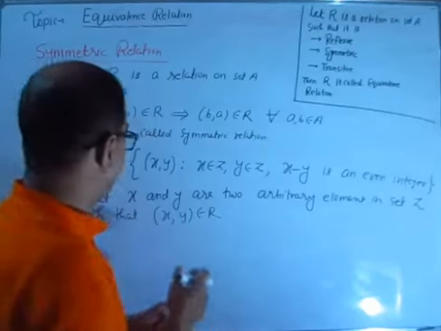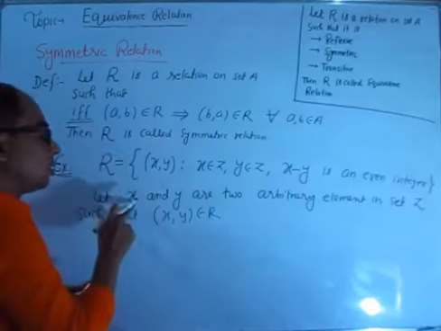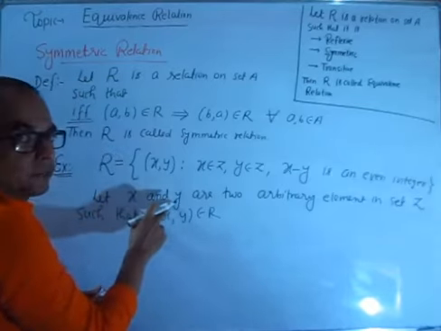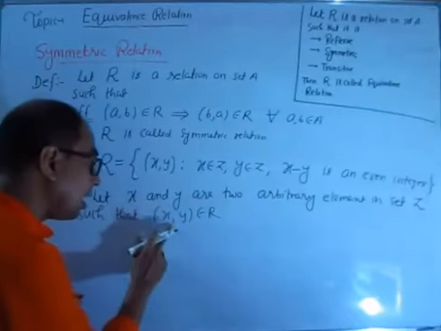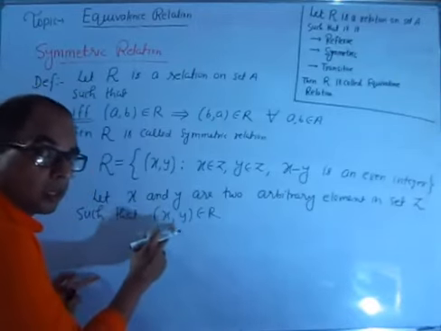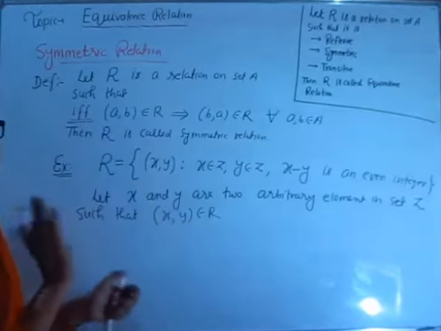Clear? So if you want to prove symmetricity in a general way, consider two arbitrary elements of the given set and assume that x is related to y. Now with the help of this assumption, we have to show that y is also related to x.